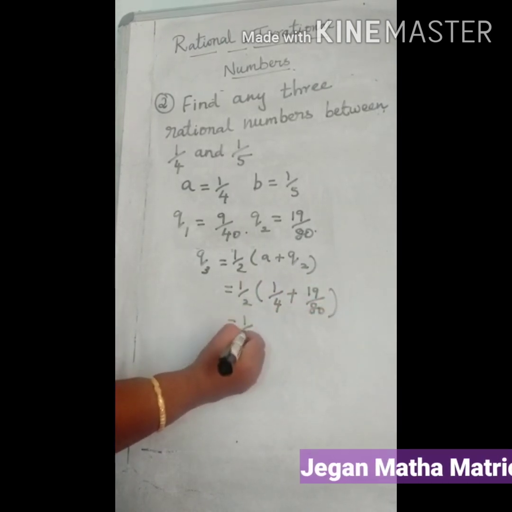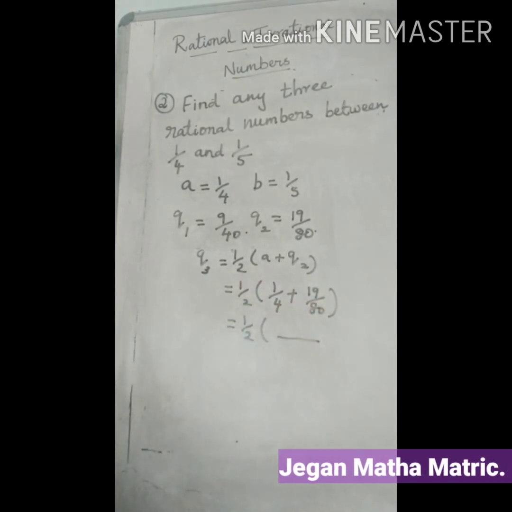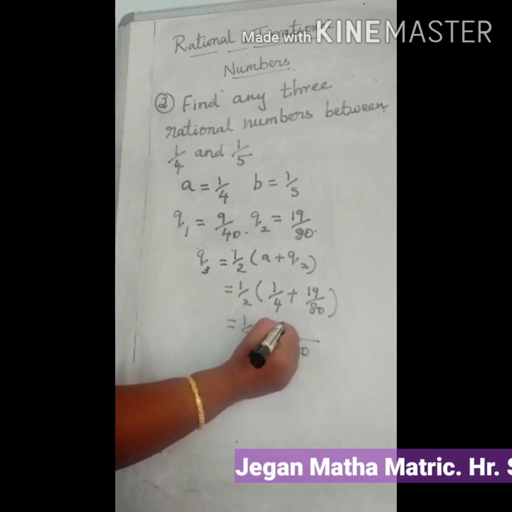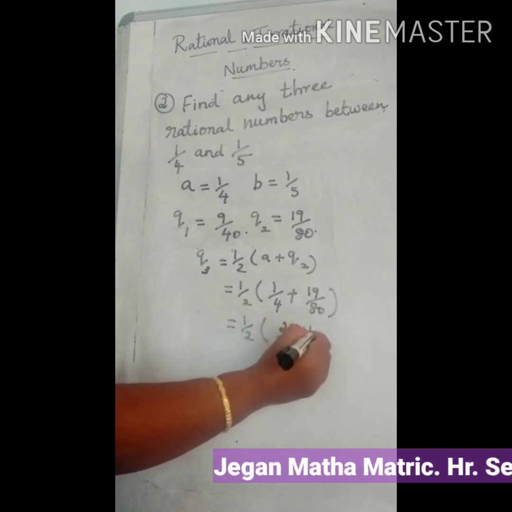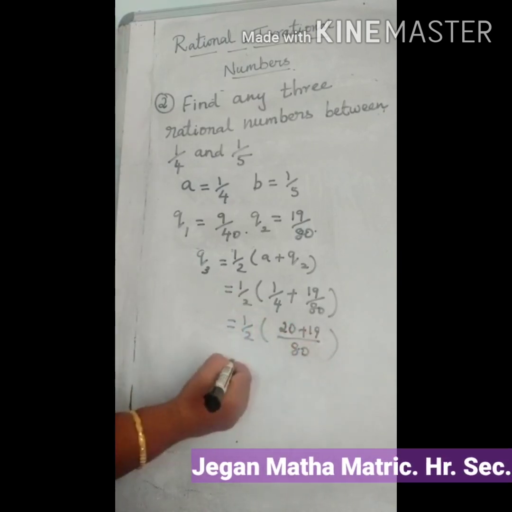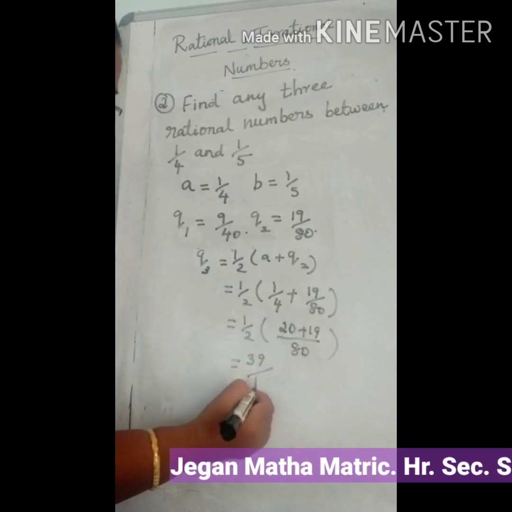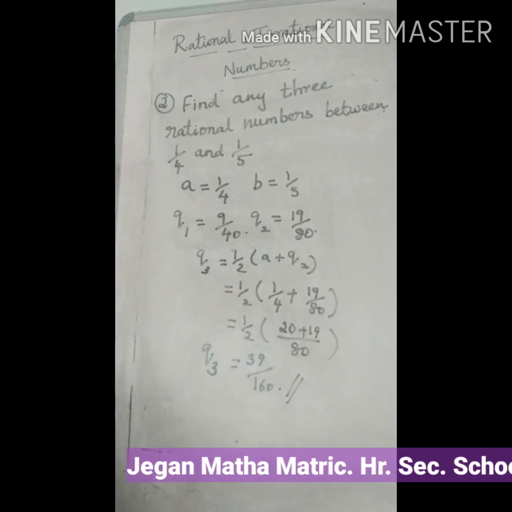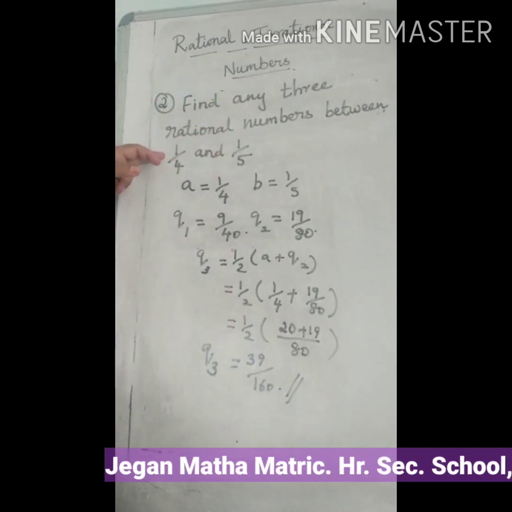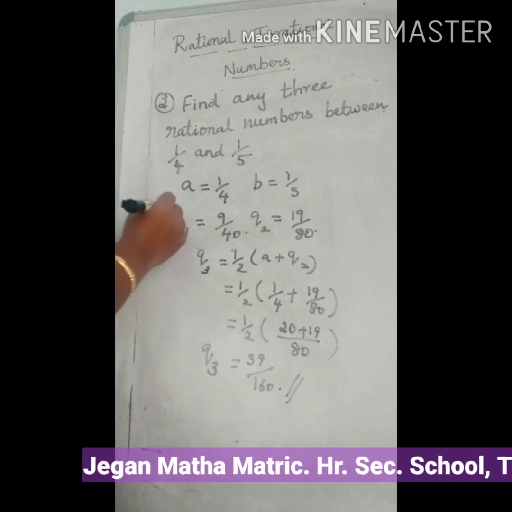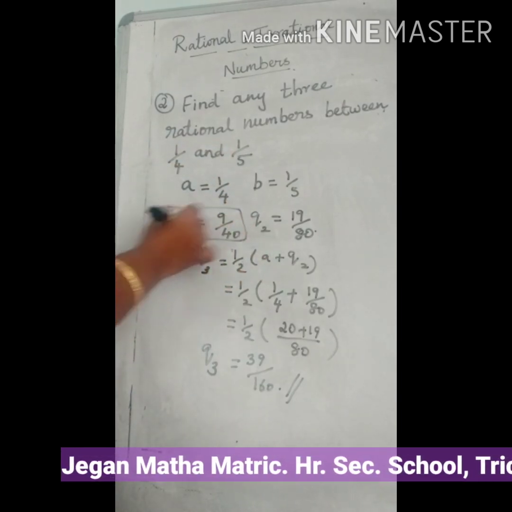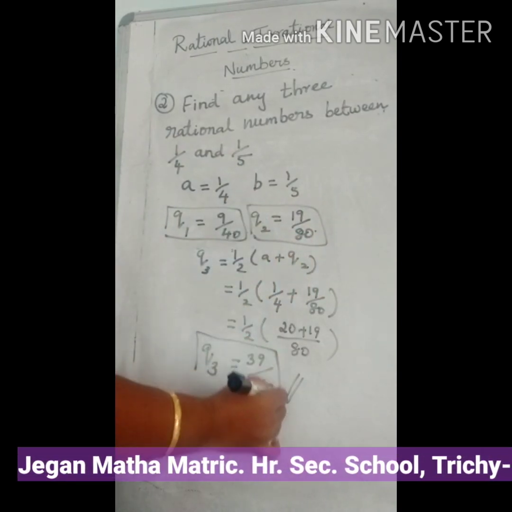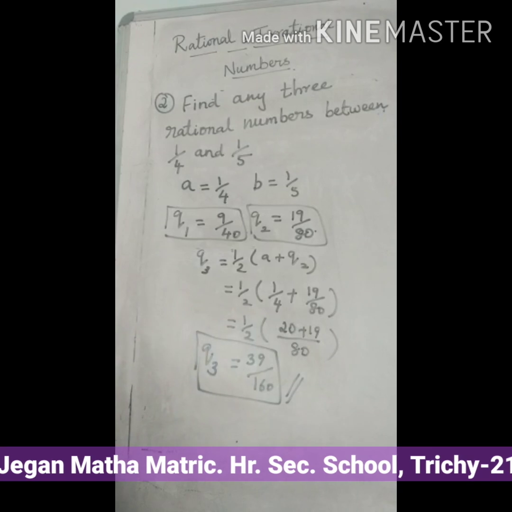The LCM of 4 and 80 is 80, so we take 80 and get 20 plus 19. That is equal to 39 divided by 160. This is Q3. So the three rational numbers between 1 by 4 and 1 by 5 are Q1 equal to 9 by 40, Q2 equal to 19 by 80, Q3 equal to 39 by 160.